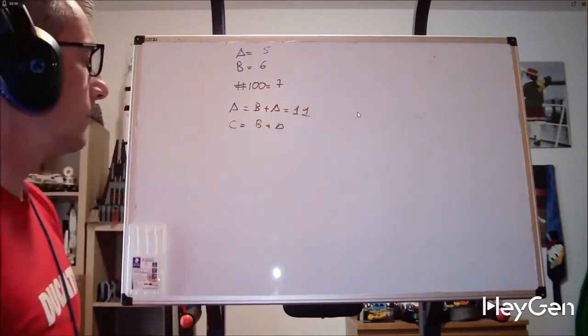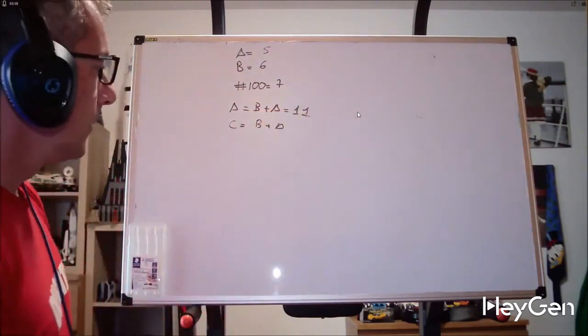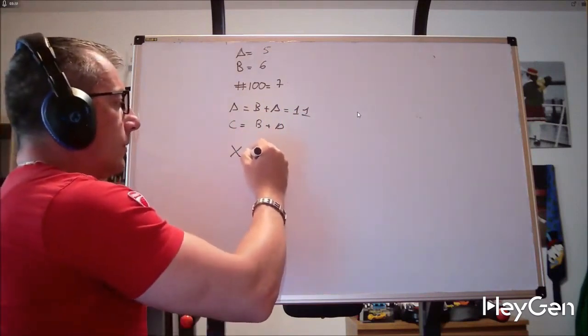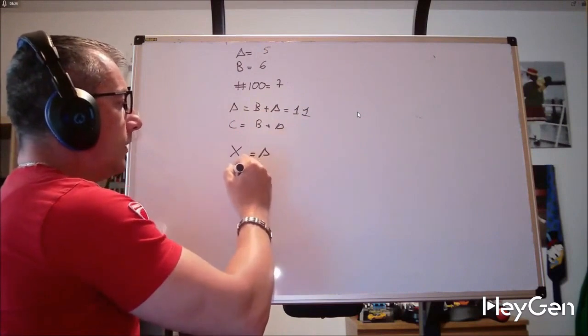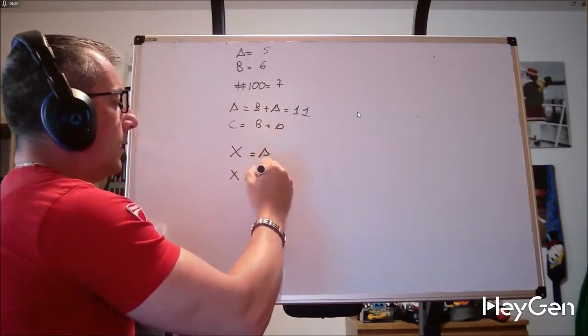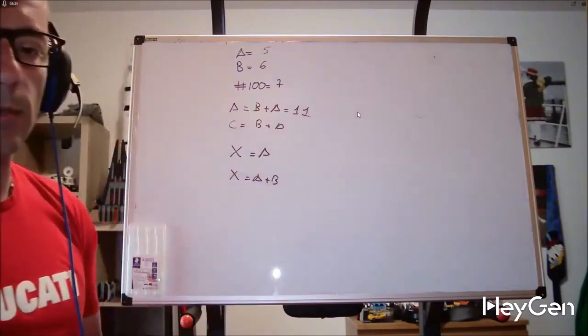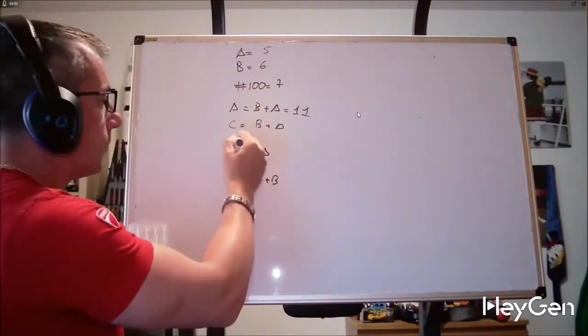In reality, x can be equal to a, but it can also be x equal to a plus b. Basically, each CNC has its own ways to input these equations.